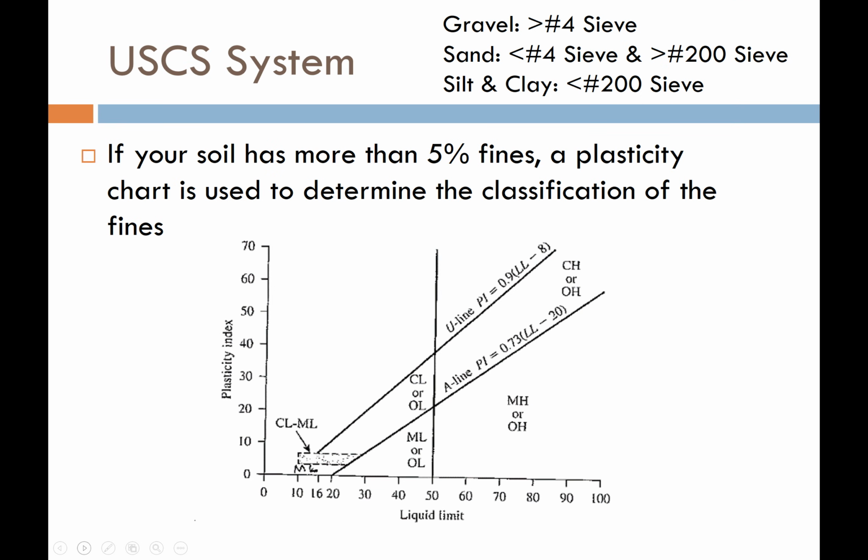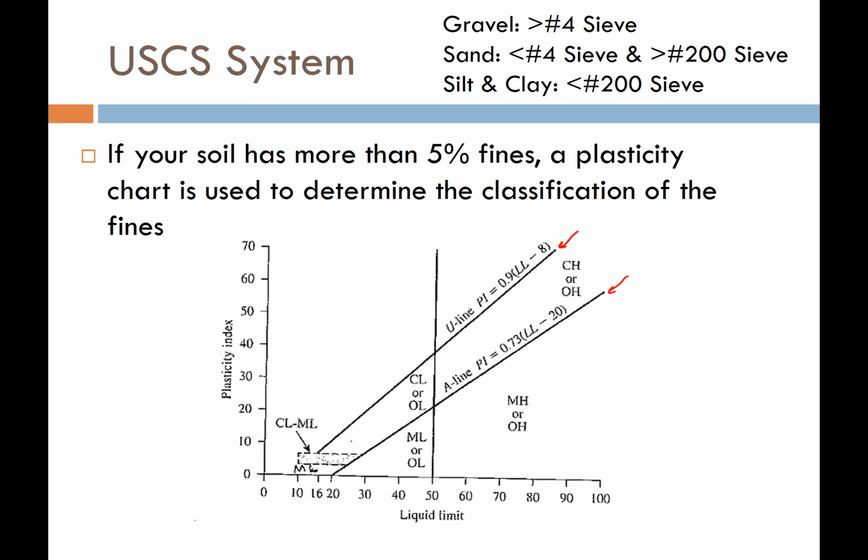Now, if your soil has more than 5% fines, then we're going to use the plasticity chart that we talked about in the Atterberg limits lecture to determine the classification of the fines. So the USCS uses the same chart that Casagrande developed that has the upper limit line and the A-line, and we just define boundaries or regions where different soils exist.